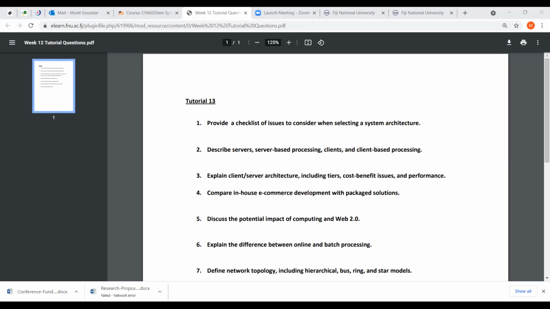Next point, initial cost and total cost of ownership.